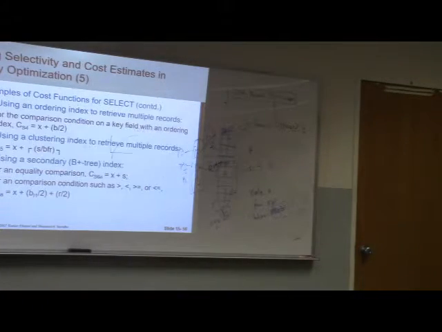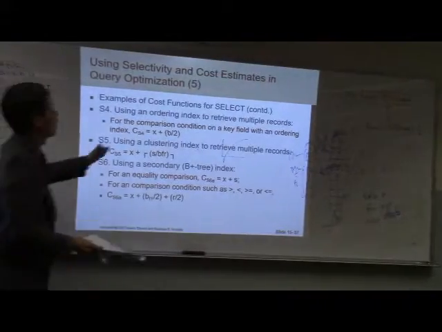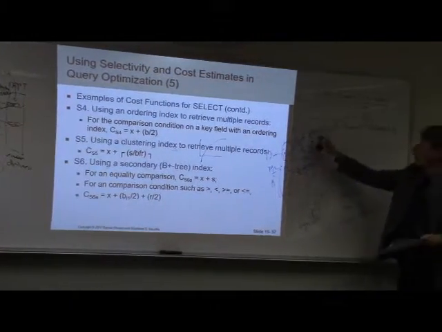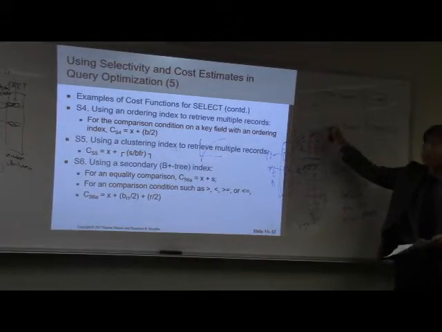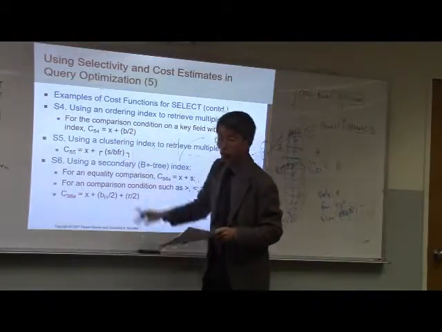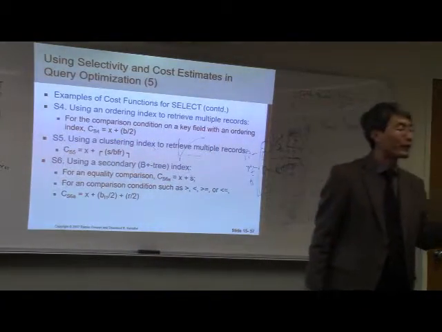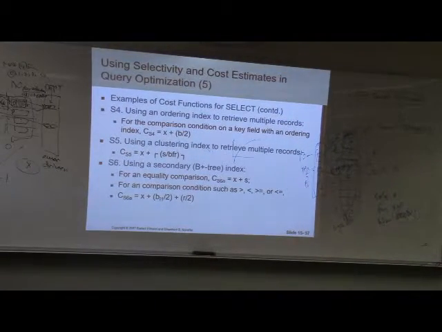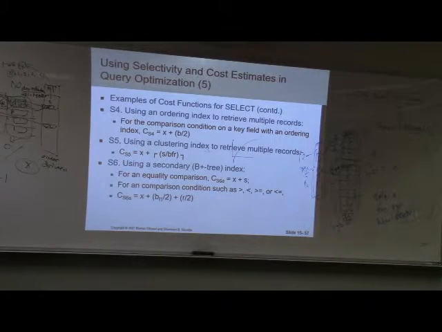If we are lucky, only that one block, otherwise we need to read all of these blocks, so average B over 2. The difference between S3 and S4 is that S3 is only one block for the data block, and S4 is a primary index, but it's a range or multiple records, so we need to read the rest of the blocks. That's the average B over 2.